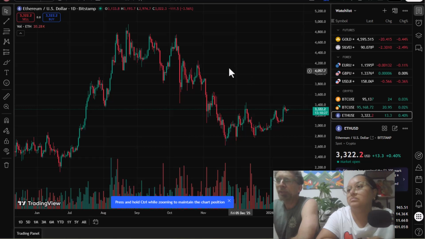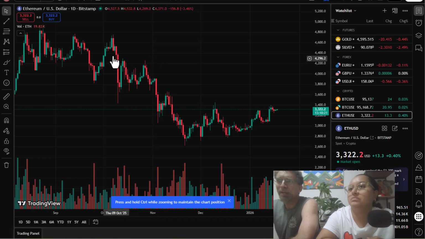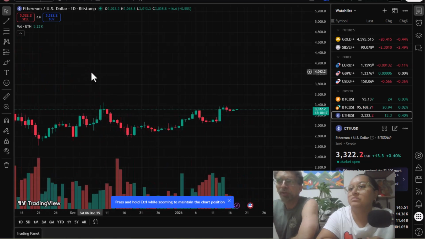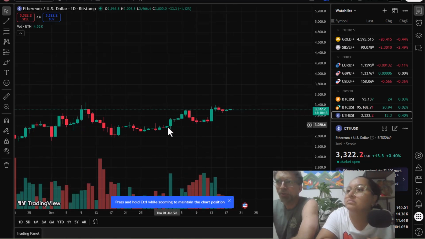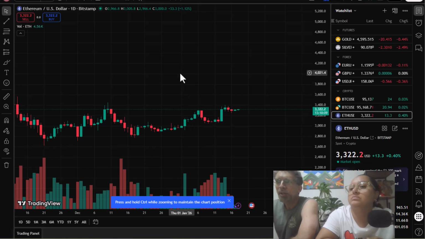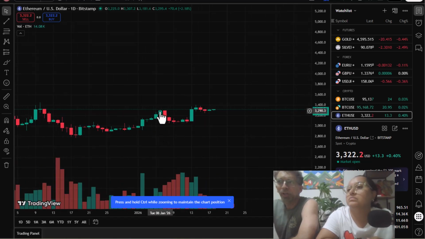You have a couple of different features here. One is expanding the width of the candles. If you scroll up inside here, the candles will get wider. That's good because you can clearly see what type of candle it is. Is it a doji?